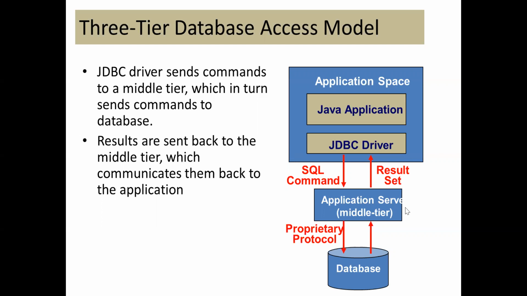Once the JDBC driver sends the commands to the middle tier, it in turn sends commands to the database. Once the result is obtained, it is sent back to the middle tier, which communicates it back to the application. So this is the difference between the two-tier and three-tier database access model.